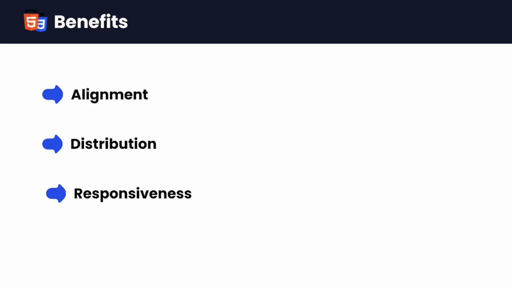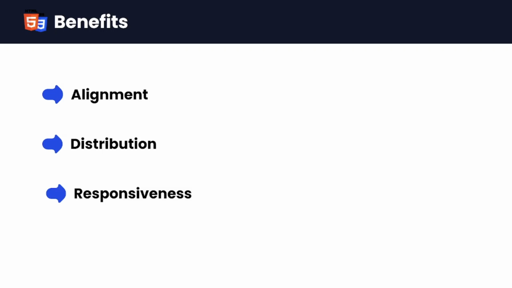So that being said, let's take a look at some benefits of using flexbox, and one of them is alignment. So with flexbox you can easily align items horizontally or vertically within your web page. Second one is distribution.